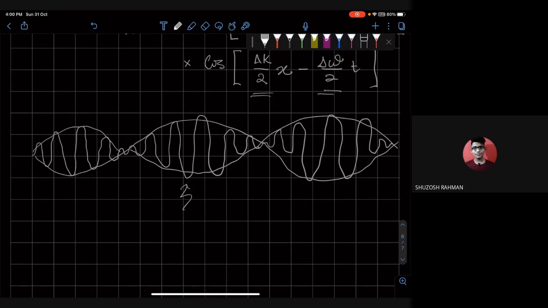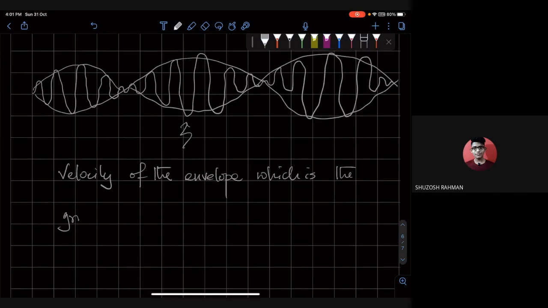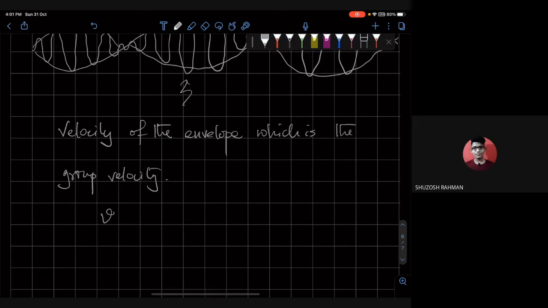Okay. So it's the velocity of the envelope which is the group velocity. So let's write that down.